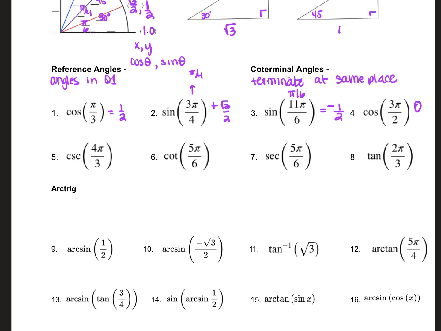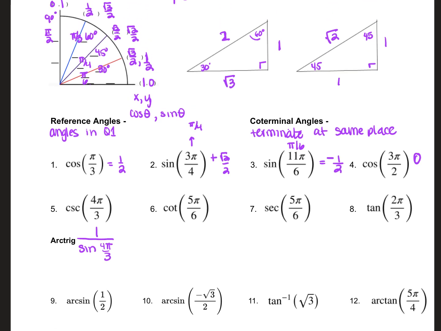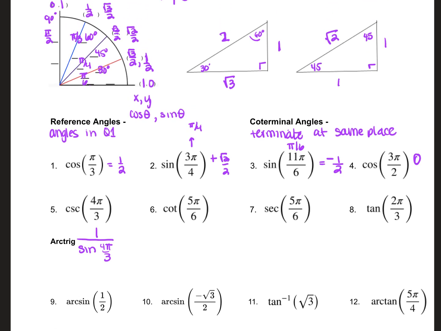Cosecant of 4 pi over 3 is 1 over sine of 4 pi over 3. Sine of 4 pi over 3 is the same thing as sine of pi over 3. That's its reference angle, which is root 3 over 2. So this would be 2 over root 3. Cotangent of 5 pi over 6, 1 over root 3.